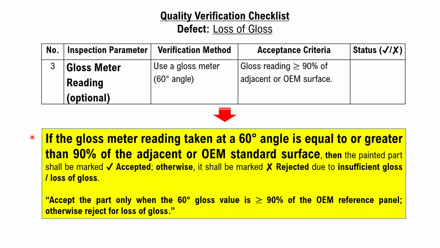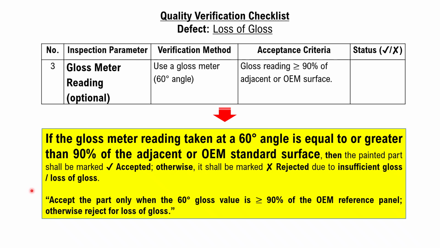If the gloss meter reading taken at 60-degree angle is equal to or greater than 90% of the adjacent or OEM standard surface, जैसा OEM standard panels provide किए जाते हैं, then the painted part shall be marked as accepted, otherwise it shall be marked as rejected due to insufficient gloss or loss of gloss.